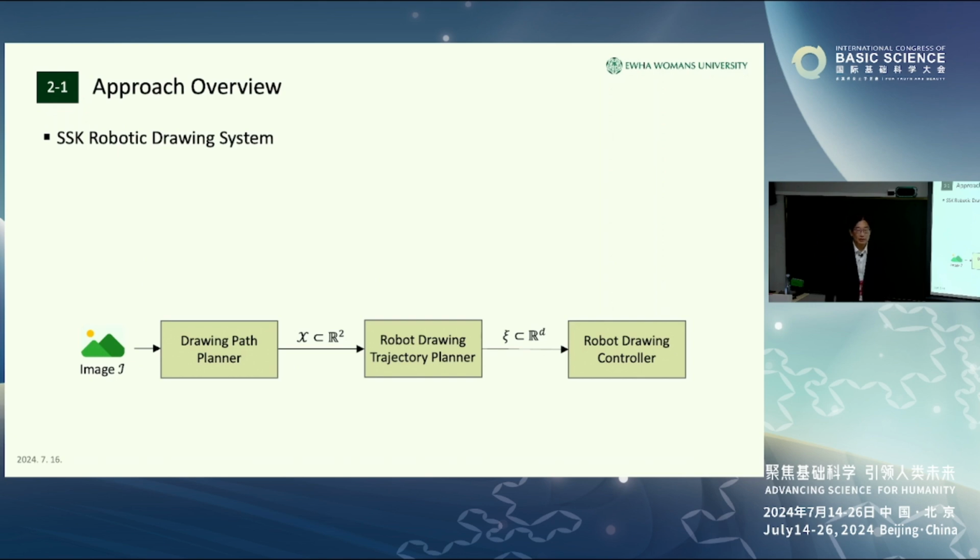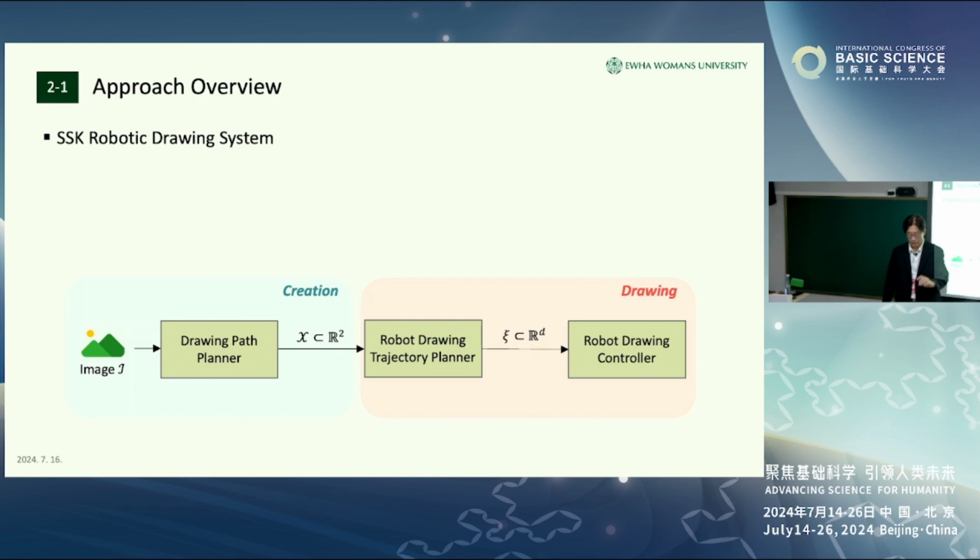Now, this is kind of an overview of our robotic drawing system. So as input, we typically take raster images. So consider two steps. One is creating a drawing path and actually executing it on the physical canvas. Creation and drawing. As a typical input, we take the raster images as input to our robotic drawing system.